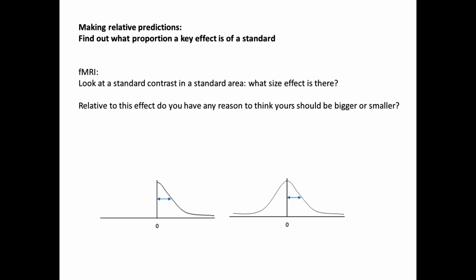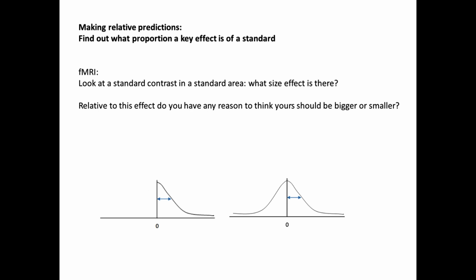Well, now in fMRI, people say, well, I don't know how much noise I'm going to get when I rerun an experiment. The noise is all over the place. It just depends on, I don't know, temperature or atmospheric pressure or other things. Well, one thing you could do is to build in a reference contrast.